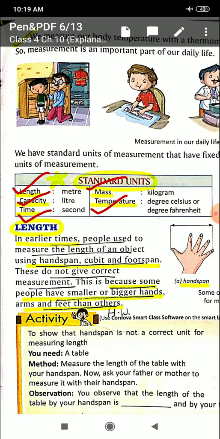Now we will discuss these different quantities one by one, that is length, capacity, time, mass and temperature. First of all, length.